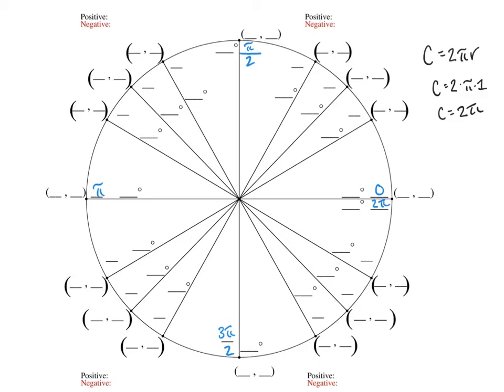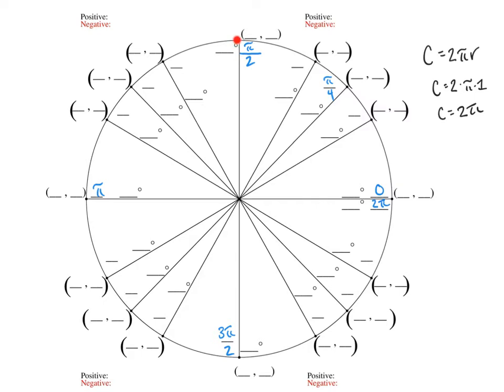Now let's take this and start cutting this up even more. So if we're looking specifically at this first quadrant and we cut this one in half, well, half of pi over 2 is going to be pi over 4. So if we took pi over 4 and we added another quarter, 2 pi over 4, if we reduce that, becomes pi over 2.